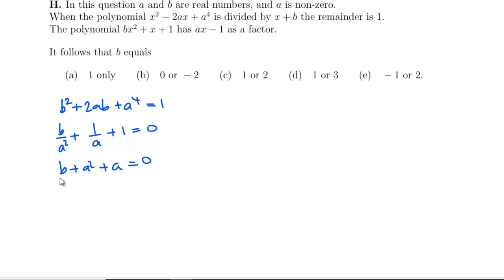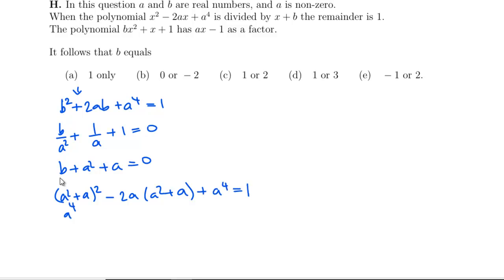Then we can sub in for b in the top one. So we'd have minus a squared plus a all squared. So that is just a squared plus a all squared. The minus doesn't matter. Then we'd have minus 2a of a squared plus a. That's taking the minus into account and changing that one. And then plus a to the 4 equals 1.